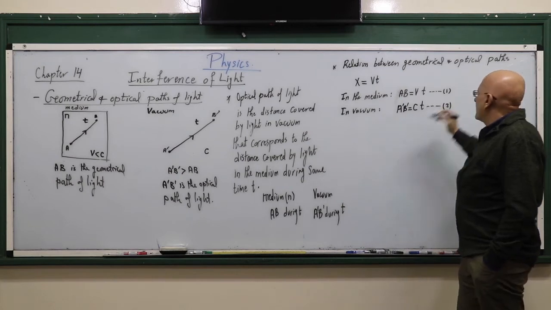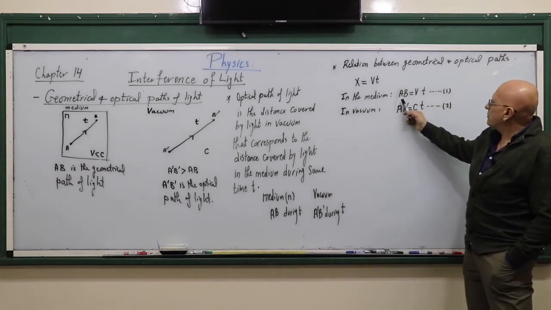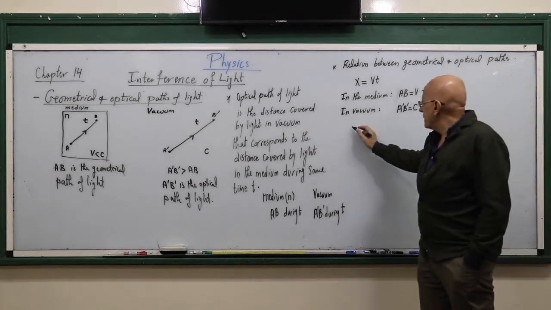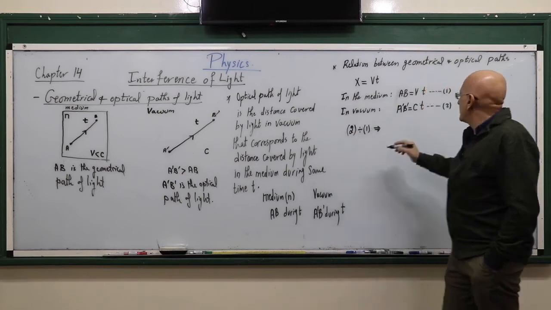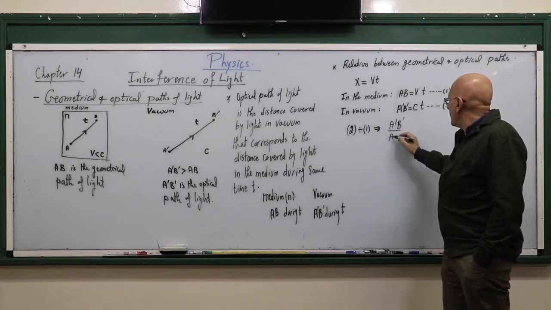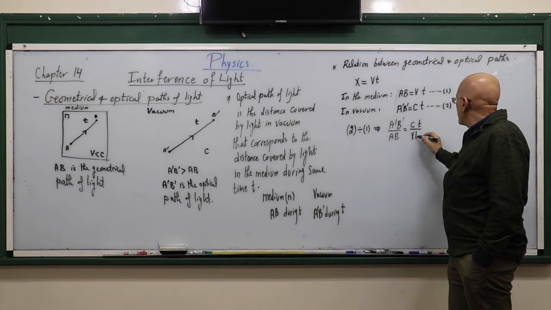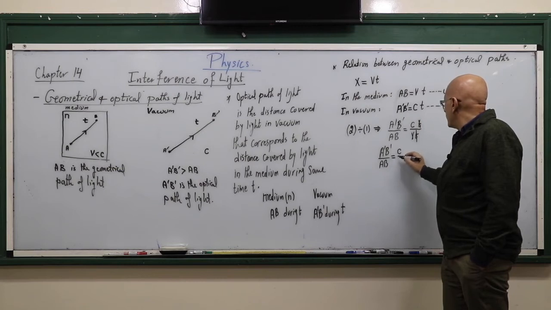This is equation 2. How to find the relation between A prime B prime and AB? I am going to divide 2 by 1. This implies A prime B prime over AB is equal to ct over vt. t cancels with t, and you get A prime B prime over AB equals c over v.